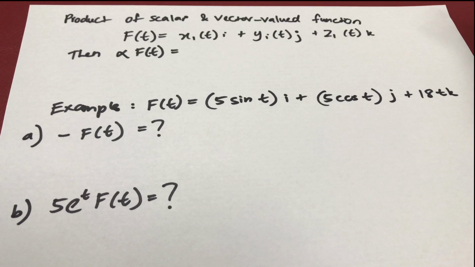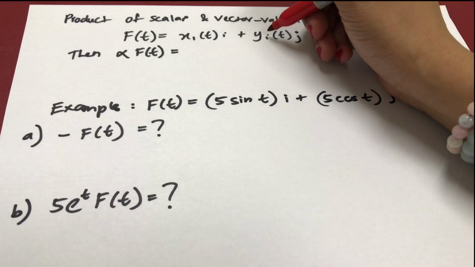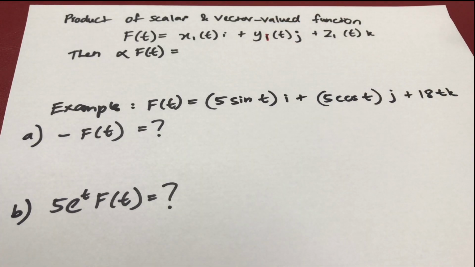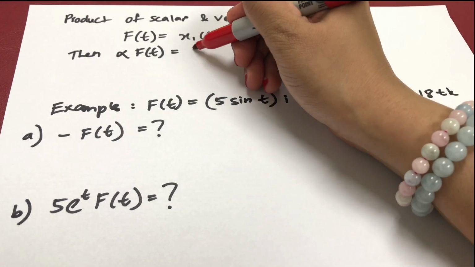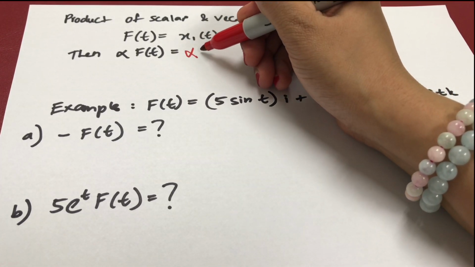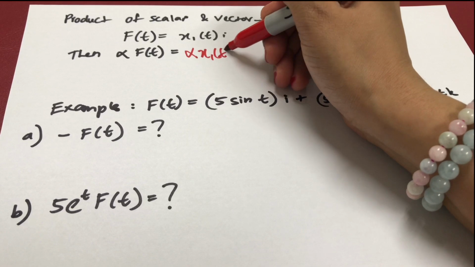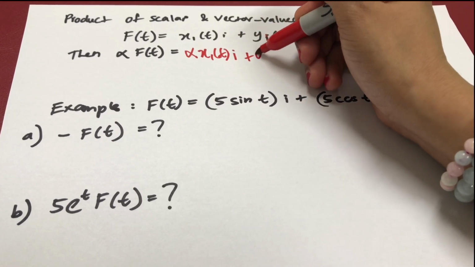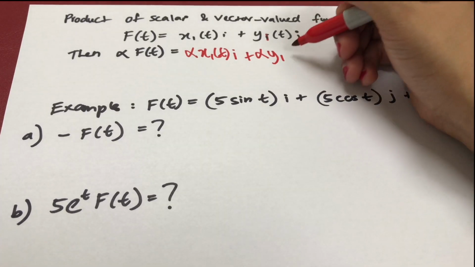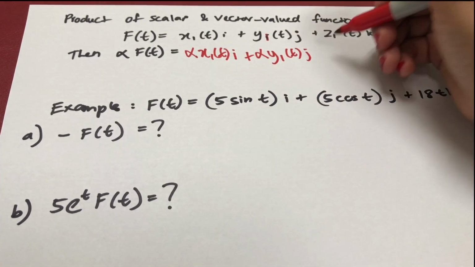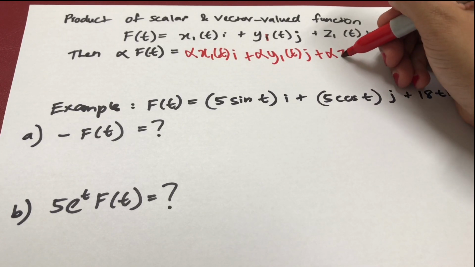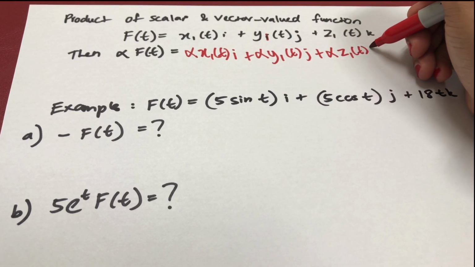If f of t is x1 t i plus y1 t j plus z1 t k, then alpha, which is a scalar, multiplied by f of t, which is a vector valued function, is simply alpha x1 t i plus alpha y1 t j plus alpha z1 t k.